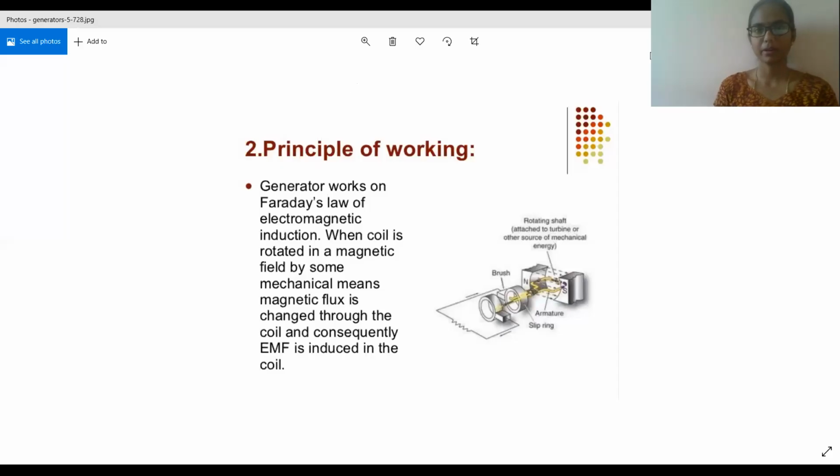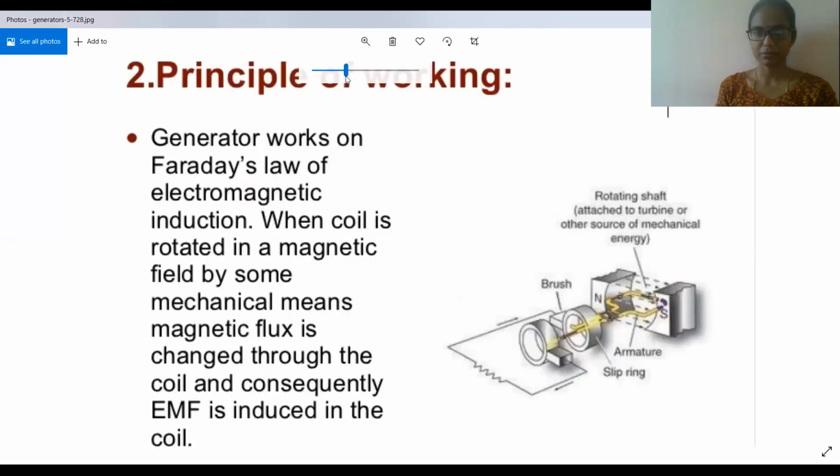You can see the working principle of the electric generator. Clear children? It works on the principle of Faraday's laws of electromagnetic induction. When a coil is rotated in a magnetic field by some mechanical means, the magnetic flux is changed.